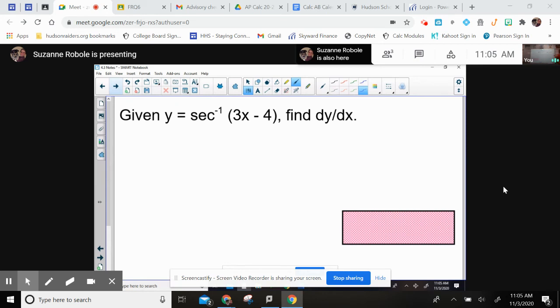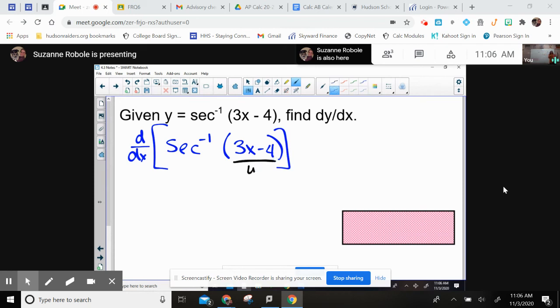So secant function. In order to do secant, I want to think that this guy right here is going to be my u. So in my function, I'm doing a u.